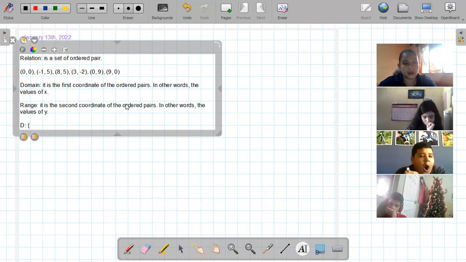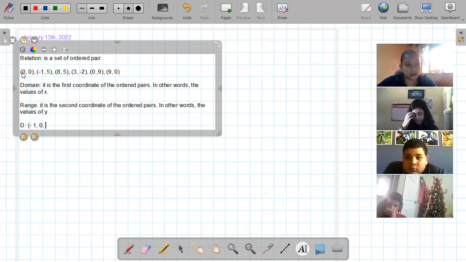Those little braces. So in this case, the domain of this relation, remember, we only write each value one time, is first the negative, so -1, because that's the smallest, as you can see. Then we have 0, and we have it twice. We only copy it once, 0.